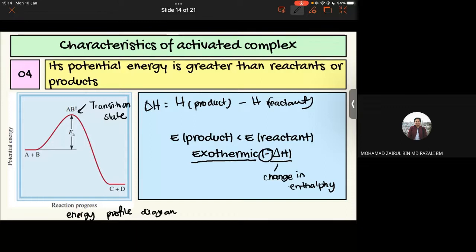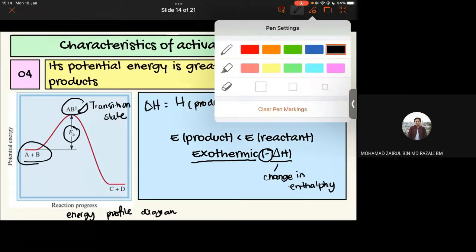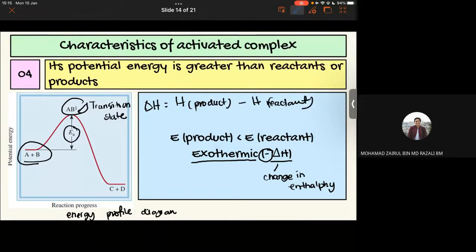Okay, so the difference in terms of energy between reactant dengan transition state itu kita panggil dia sebagai activation energy. Yang ini kita panggil dia sebagai activation energy. Okay, dan the difference between energy of the reactant and energy of the product itu kita panggil dia sebagai change in enthalpy delta H.